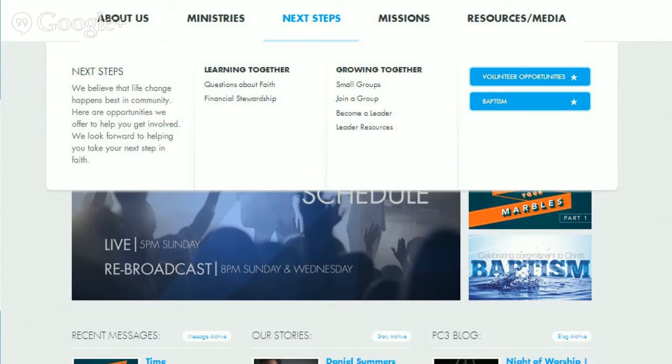And if you look at the far end, you'll see that they have buttons and a star. These are critical next steps, steps that they want people to take to become more involved in their church. Volunteer opportunities and baptism are what they're hoping to push people to, and it stands out in the navigation. You can see it, and it's clear where most people should be going.